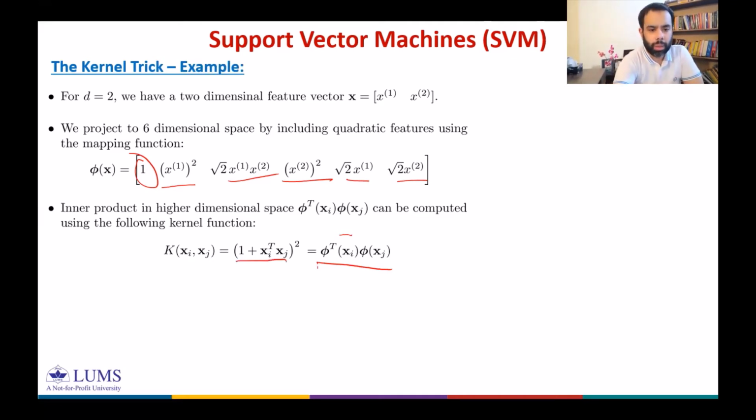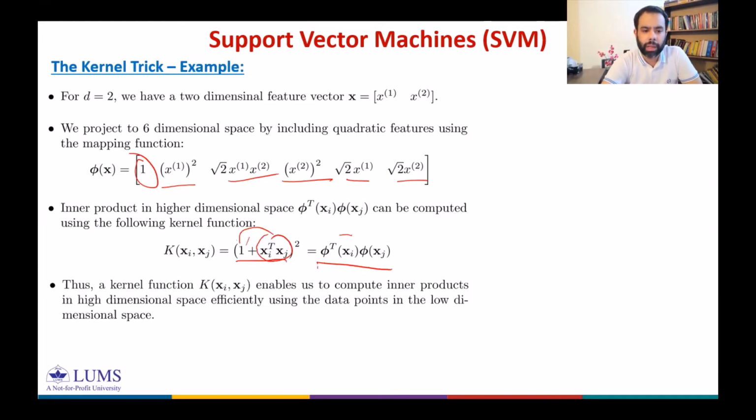So you simply compute this inner product in two-dimensional space, you add 1 to it, and you simply square. We can say a kernel function enables us to compute inner products in a high dimensional space computationally efficiently using the data points in the low dimensional space.